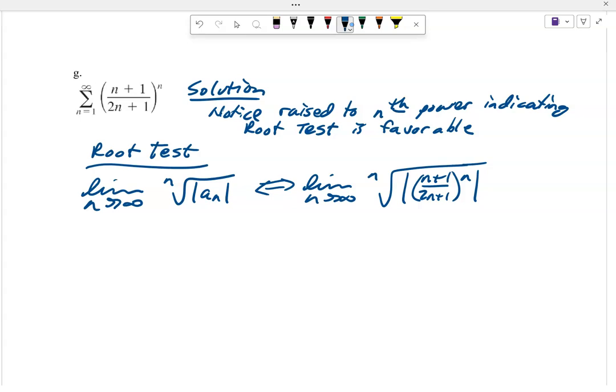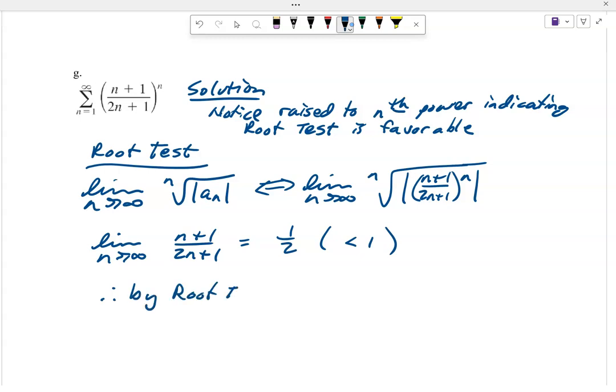Nth root of something to the n, so we've got the limit as n goes to infinity of n plus 1 over 2n plus 1, and notice those are all positive. So divide everybody by n, and we just end up with 1 plus 0 over 2 plus 0, so we've got 1/2. Well, that's less than 1, so we can conclude by the root test this series converges. In fact, it tells us that it actually converges absolutely.